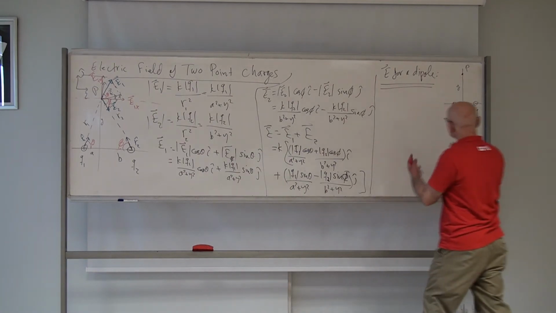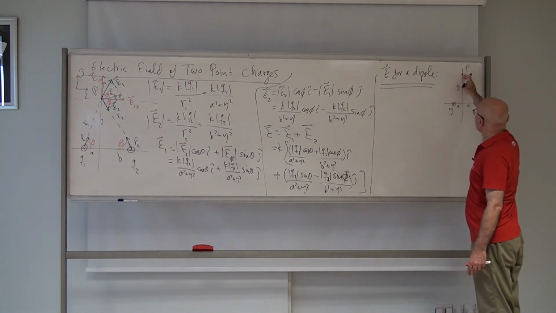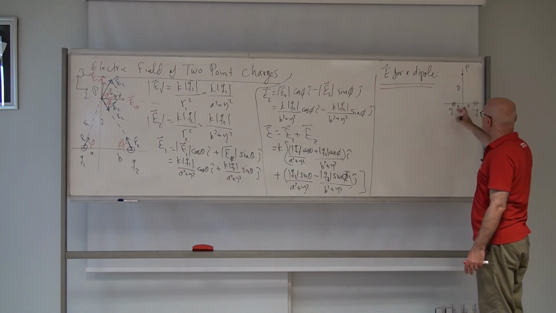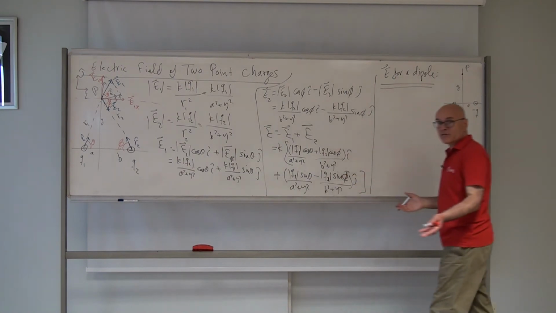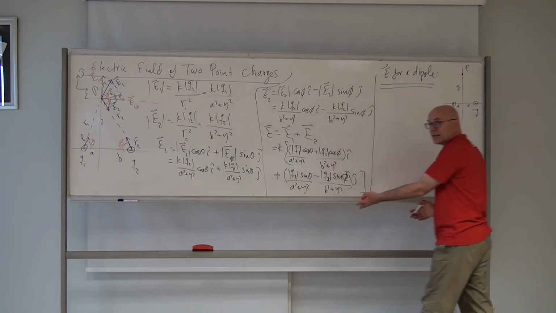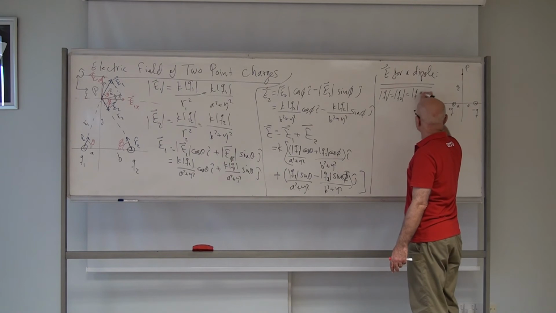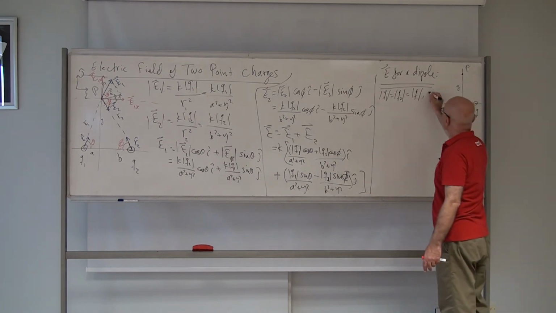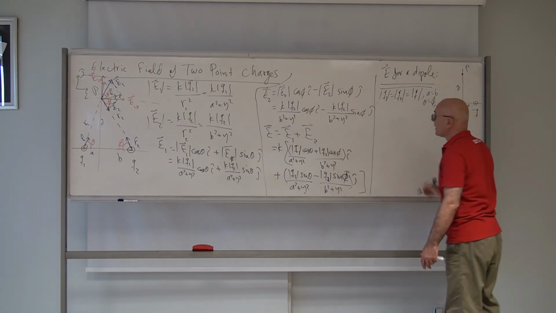Now, we want to find what is the electric field of this dipole at this point P, which is on the vertical line that bisects their distance. We can, of course, use what we have in hand here by saying that in this case Q1 is equal to Q2 and is equal to Q, which is the magnitude of each of these charges.